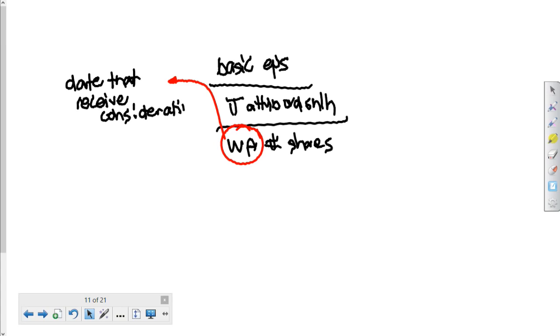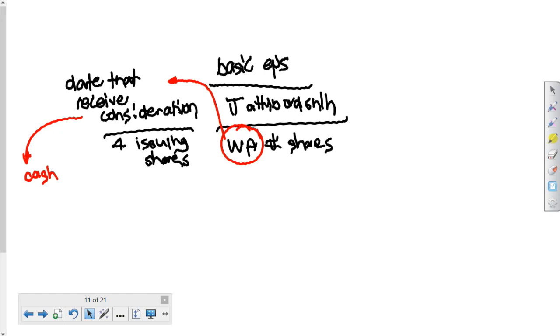So what is this consideration for the issue of shares? For issuing shares. What is this consideration? It could be cash. It's mostly cash, isn't it? I issued shares for cash. I issued them halfway through the year, I will weight them for 6 months. I issued them 1 month before year end, I'll weight it for 1 month.